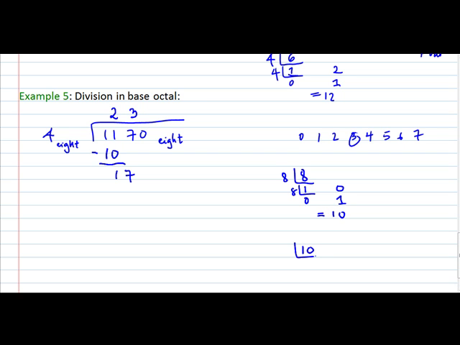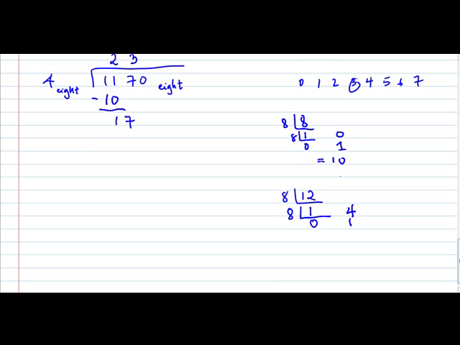So now I convert into base 8. 8 goes into 12 one time, remainder is 4. 8 goes into 1, 0 times, remainder is 1. That means 12 in base 10 is equal to 14 in base 8.